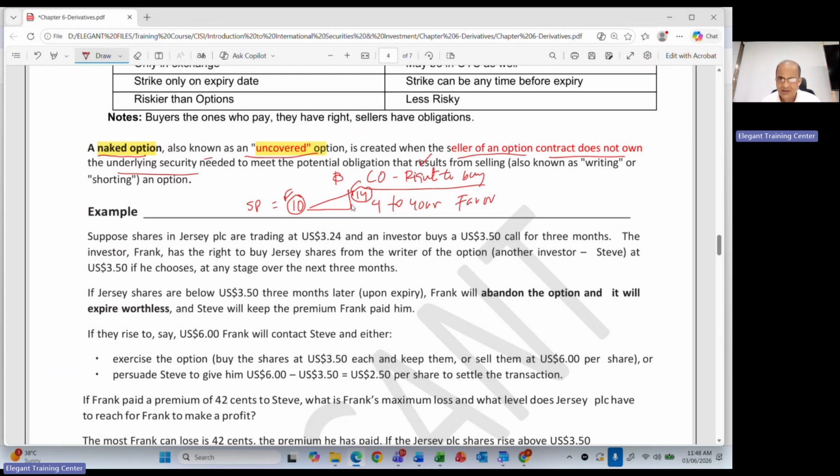Uncovered option means the seller is not having the shares with him. So when you are the holder, you are exercising the right. You will pay only 10, but the seller will give you shares worth 14. If he has no shares with him, then he has to buy from the market and give you. So that option is called an uncovered or naked option.